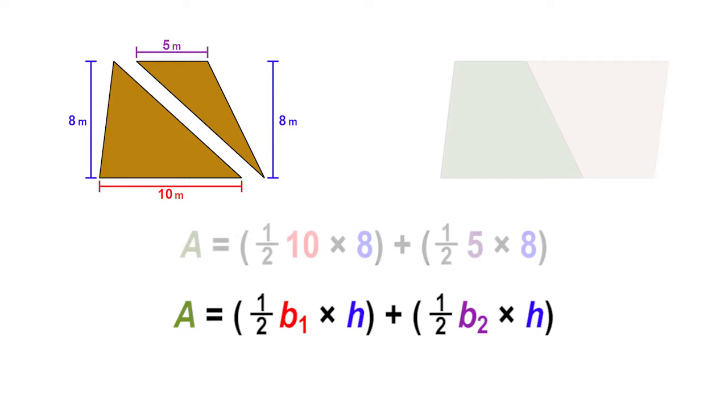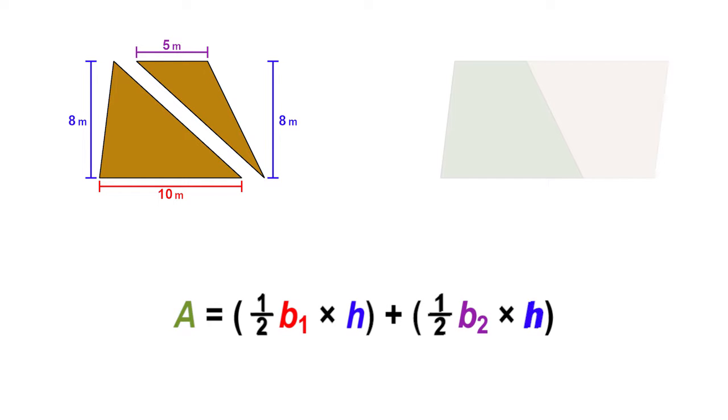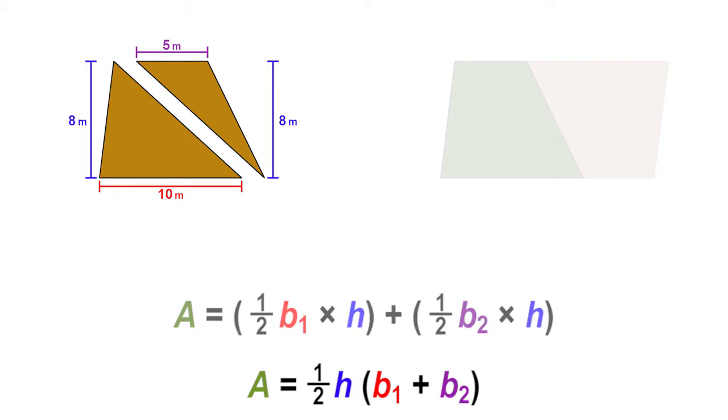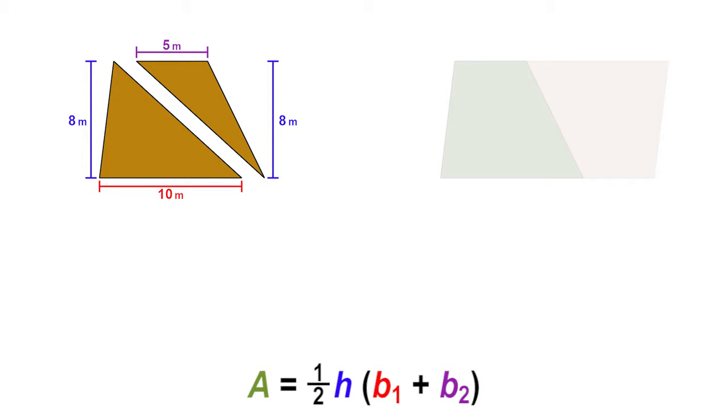We will use our algebraic reasoning and remember the 1/2 and h, or height, can be factored from both addends to be written as A equals 1/2 h multiplied by the sum of base 1 plus base 2. This is the formula we discovered for finding the area of a trapezoid.